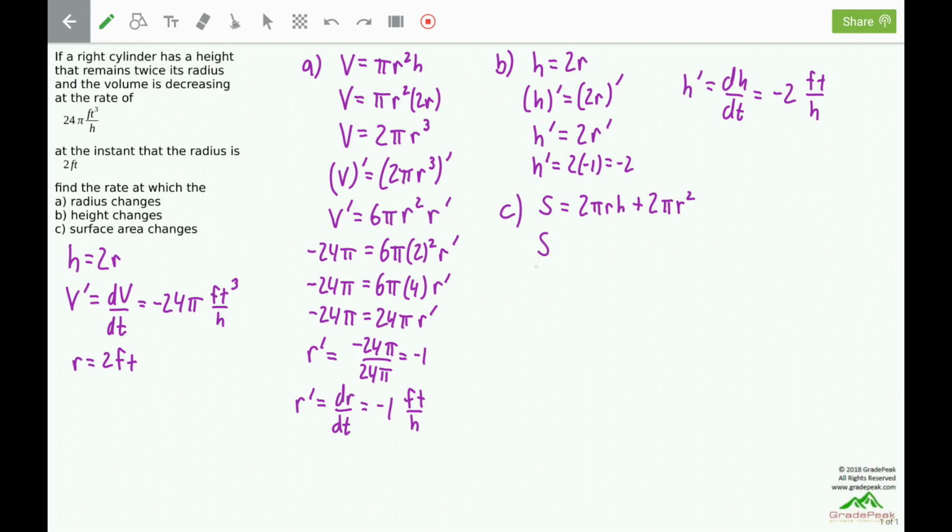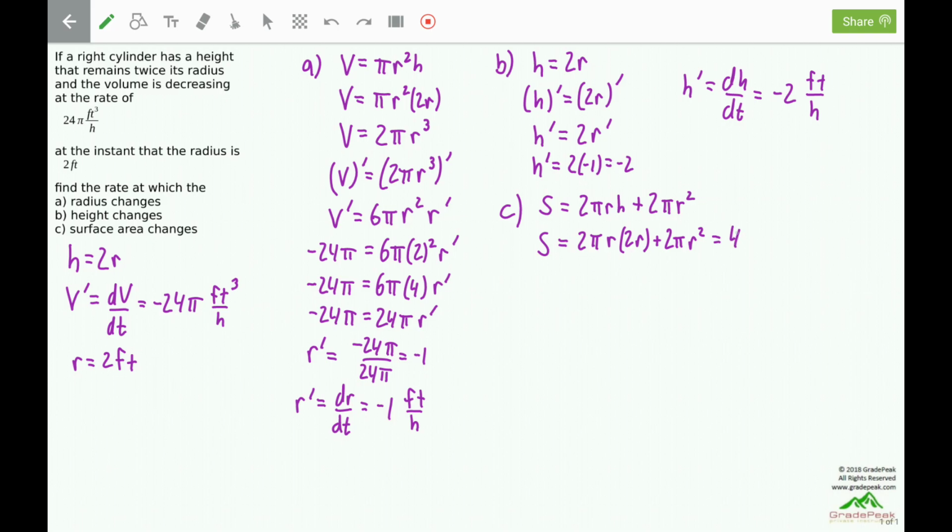We can now replace h with 2r since we have that relation here. So 2 pi r times 2r plus 2 pi r squared will give us, for the first term we can multiply the 2's.